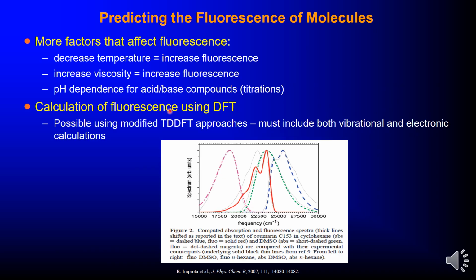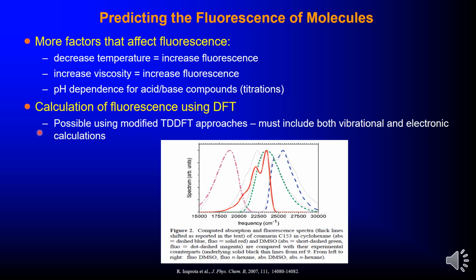Some of the factors that affect fluorescence: a decrease in temperature. If there is a decrease in temperature, then there is an increase in fluorescence. Increase in viscosity also increases fluorescence. There is also pH dependence for acid-base compounds.